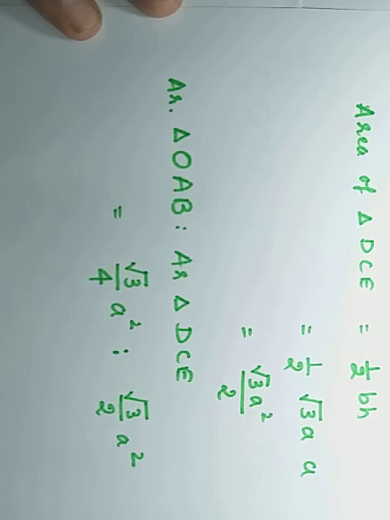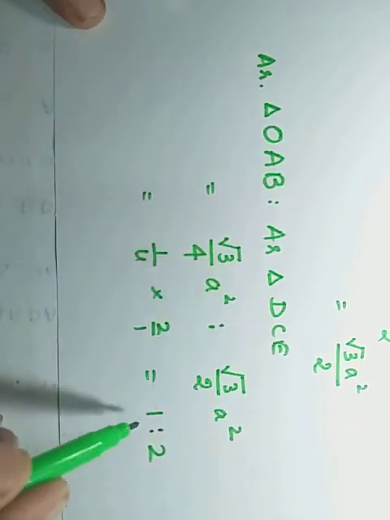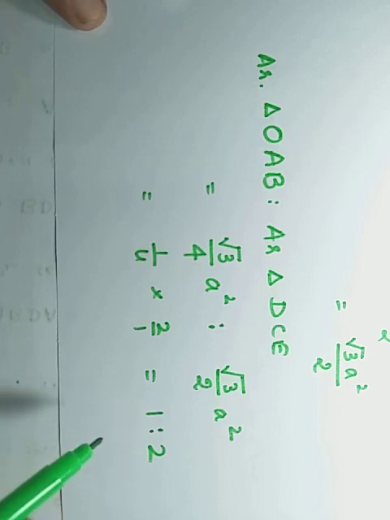Root 3 cancelled, a square cancelled, then it becomes 1 by 4 into 2 by 1, that's equal to 1:2. The ratio of these two triangles is 1:2.